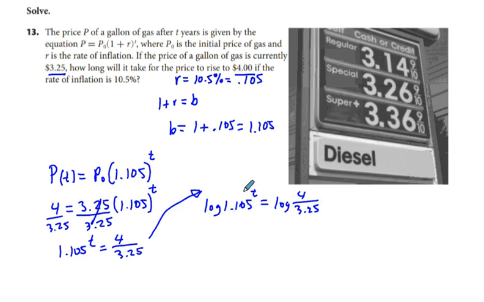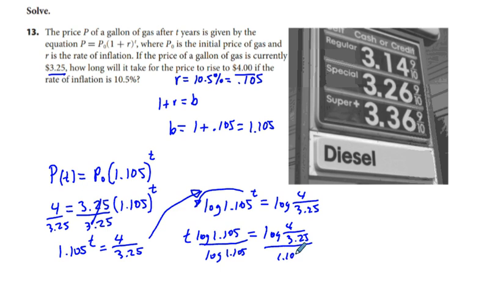And using the property of logarithms, we can multiply this T out front to get T log 1.105 is equal to log of 4 over 3.25. And then if we divide by log 1.105, we will have our answer.